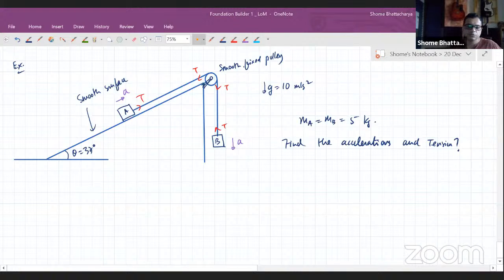So I've just simplified the problem for you by showing the tension forces and the direction of acceleration. Now all you have to do is show the other forces acting on blocks A and B, resolve any forces necessary, and write the free body diagram equations.